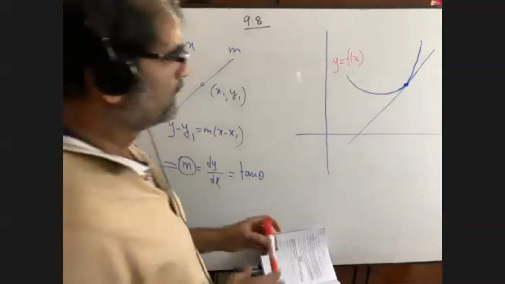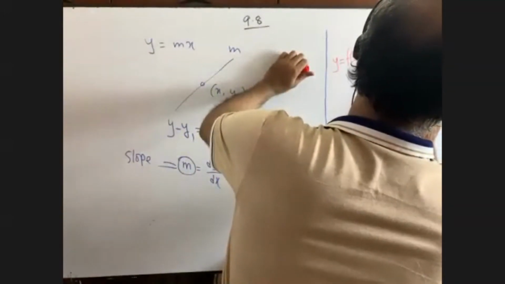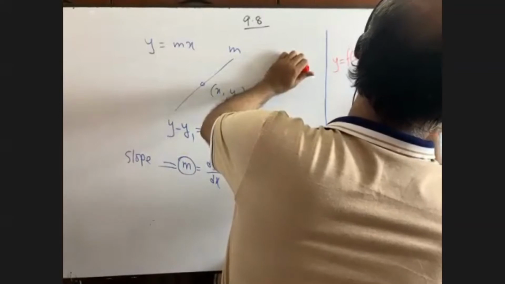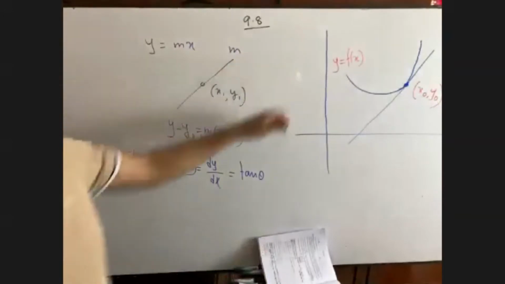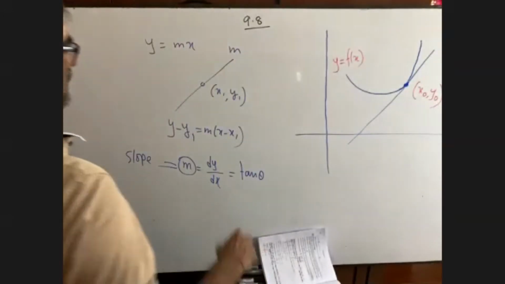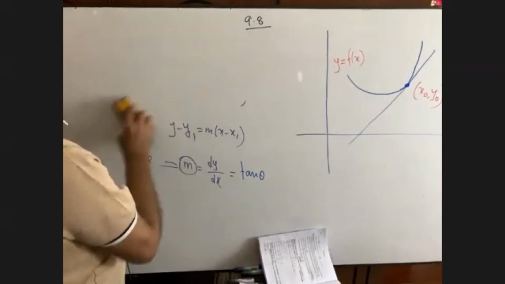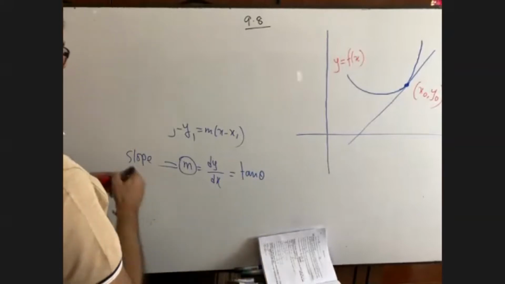Now, if the point is given here, x naught, y naught. Please try to understand what I have written. x naught, comma, y naught. The point is given. Now, what will be our equation? Can you please let me know?